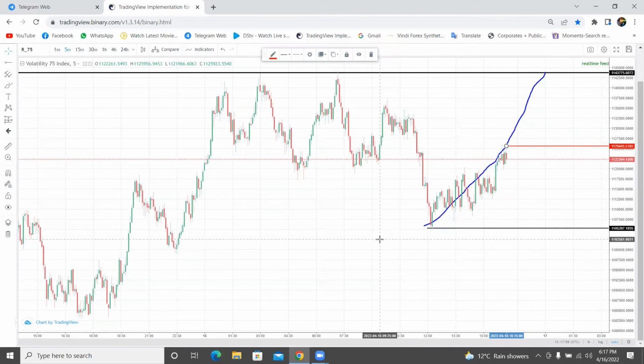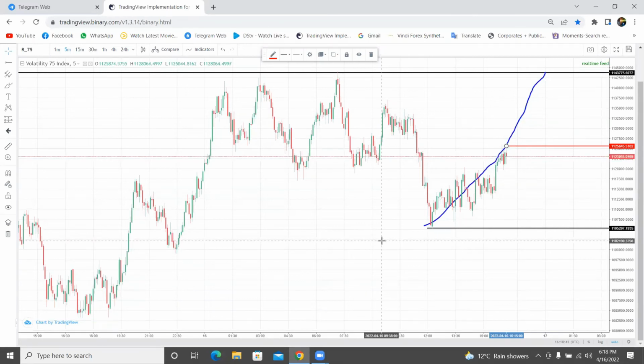So my entry is on 112564.51, and the stop loss is on 1105297.19, and then the TP is on, let me say, 11377.5.